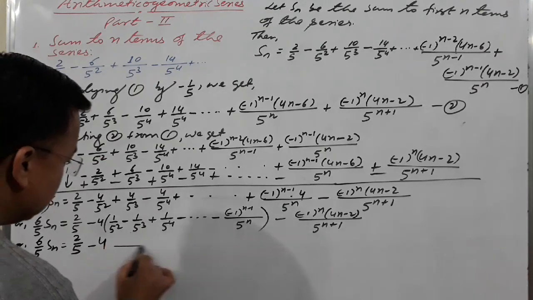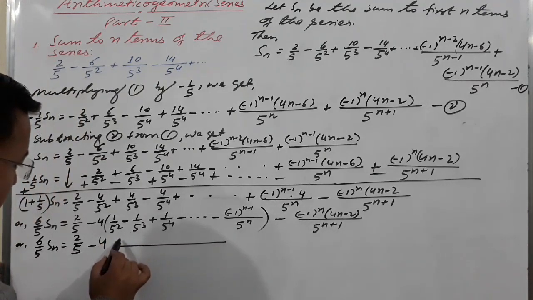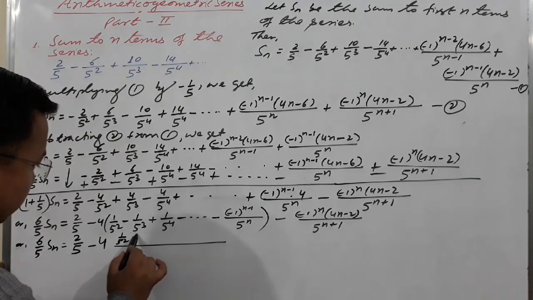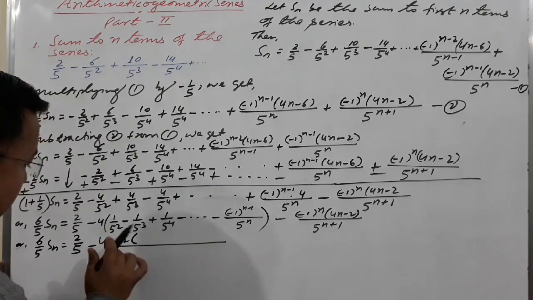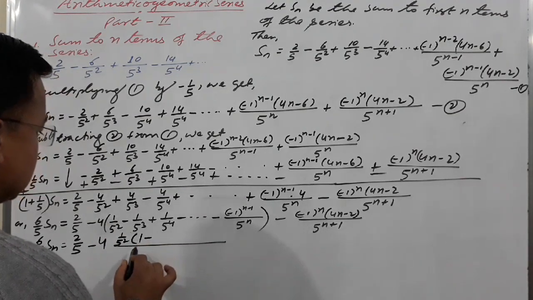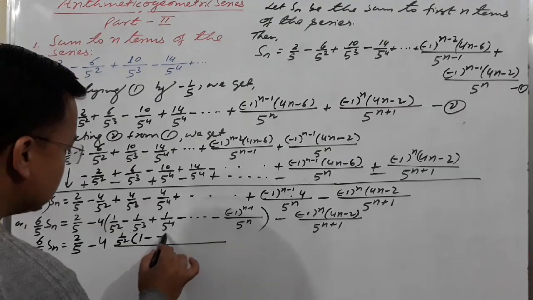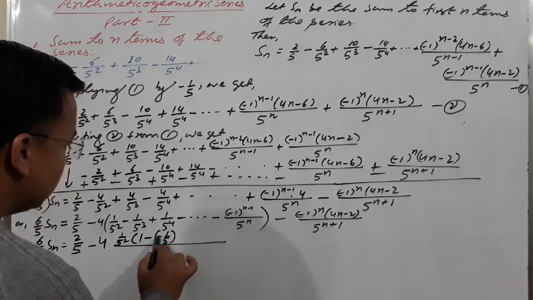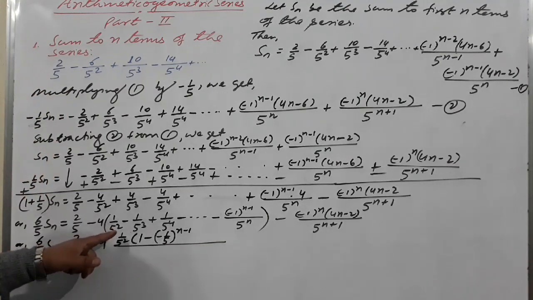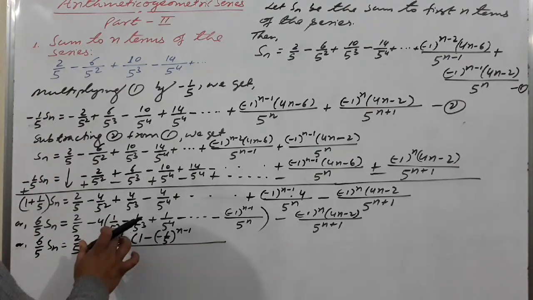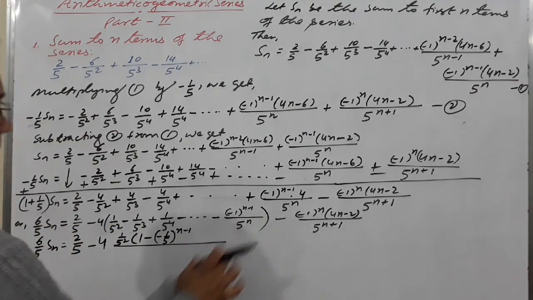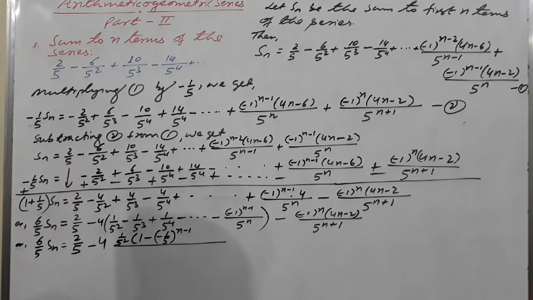Let me write down here 1 upon 5 squared as a, times 1 minus common ratio, here minus 1 upon 5, raised to power n minus 1 terms, because it starts from power 2, so if the last term is n, then we will have n minus 1 terms.